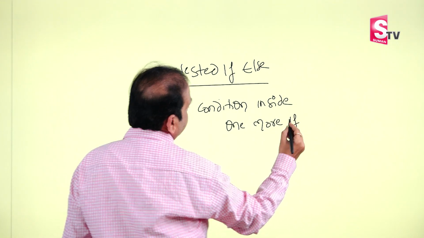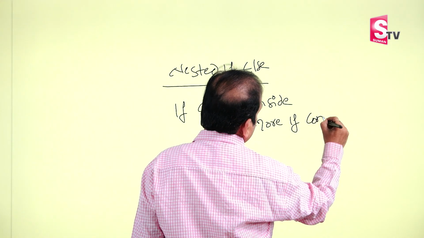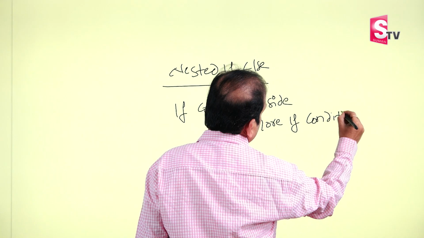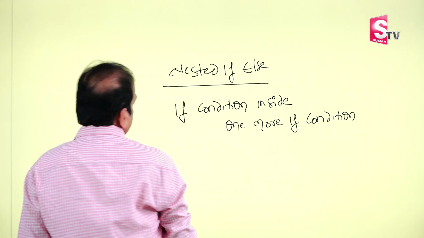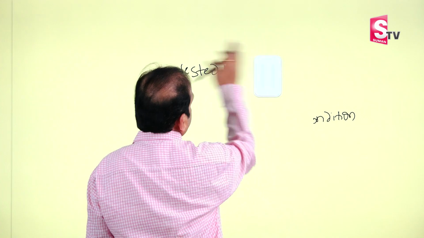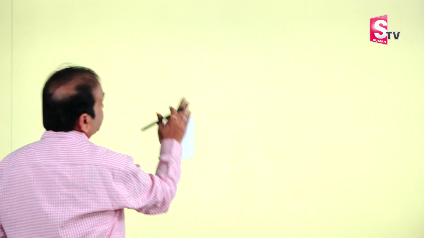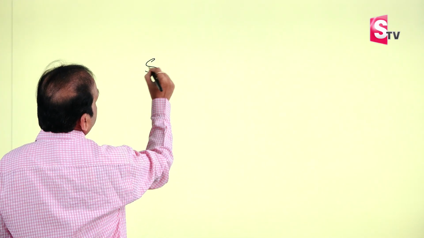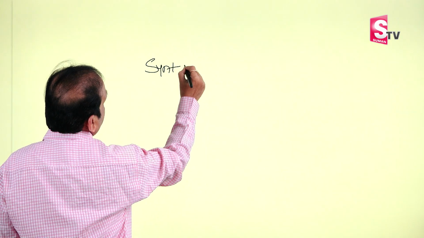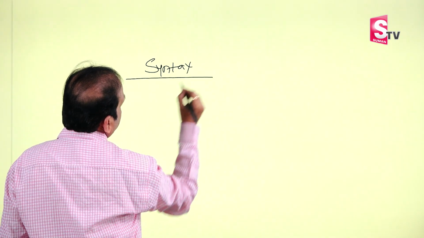Let me explain the syntax. First I'll show you the syntax. Understanding syntax is very important. So we will see the syntax of the nested if condition. So what is the syntax?